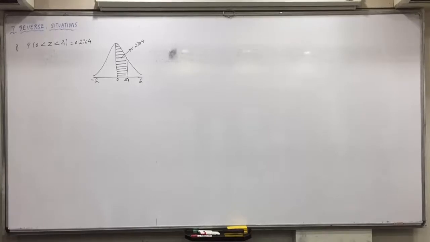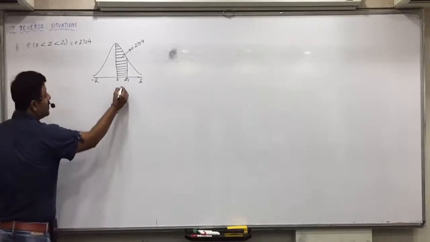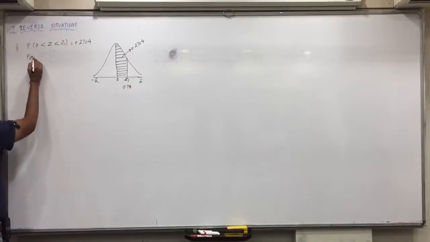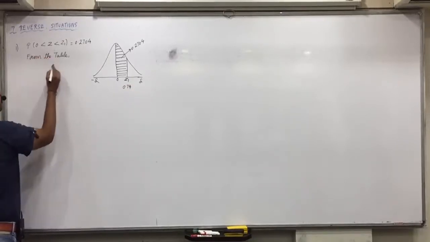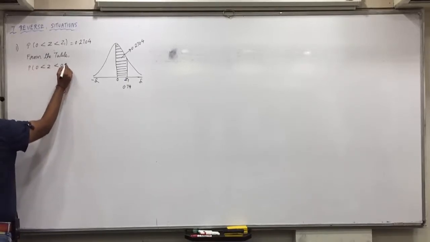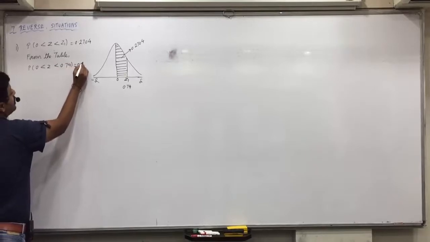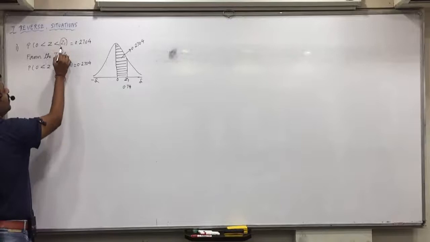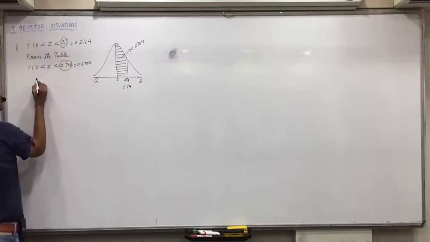Means it corresponds to 0.74. So can I say this value is 0.74? Means from the table we can say that P of 0 less than Z less than 0.74 is coming to 2704. Means the value of Z1 is 0.74.